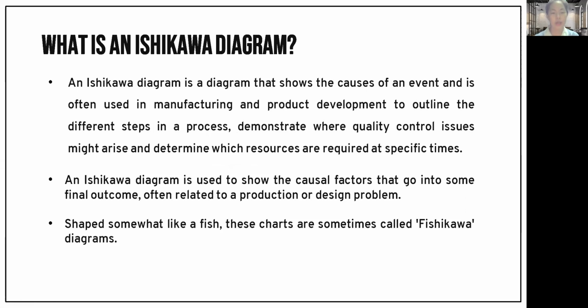An Ishikawa diagram is a diagram that shows the process of an event and is often used in manufacturing and product development to outline the different steps in a process, and also to demonstrate where quality control issues might arise and determine which resources are required at specific times.